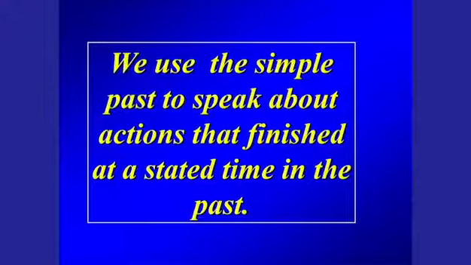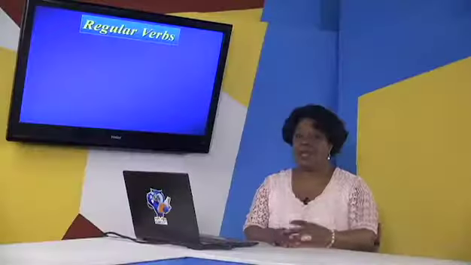So we use the simple past to speak about past actions, to speak about actions or activities that finished at a stated time, at an exact moment in the past. Okay? Let's see then what else we can say about referring to past activities.